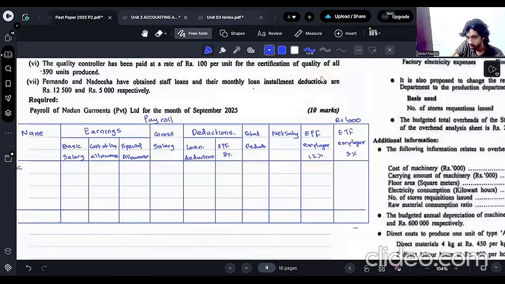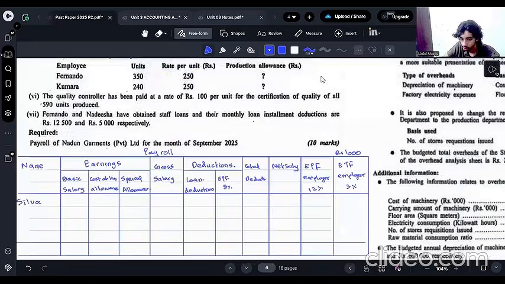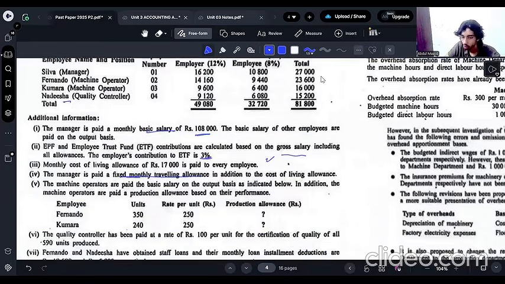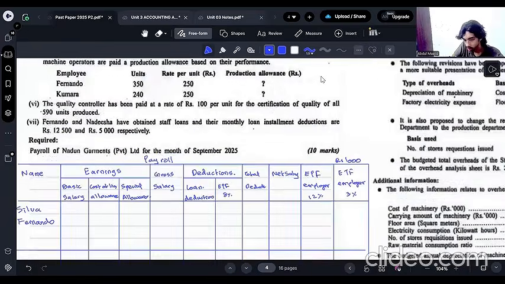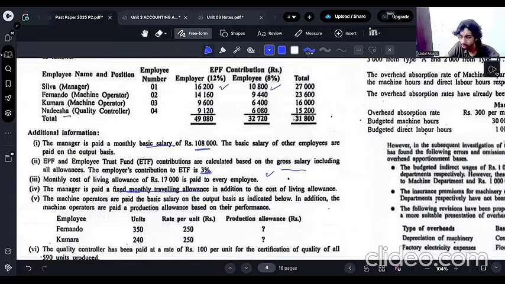Silva, Fernando, Kumara, Nadisha. Now, here they have directly given the EPF contribution of employer and employee, so you can record that.